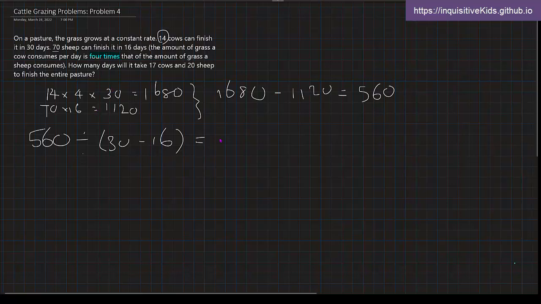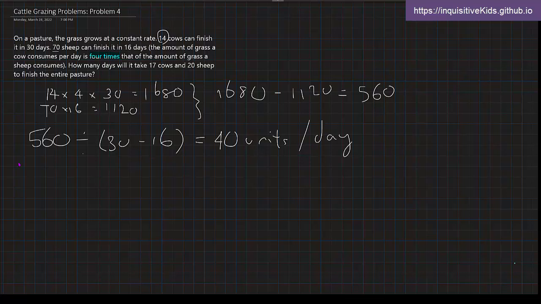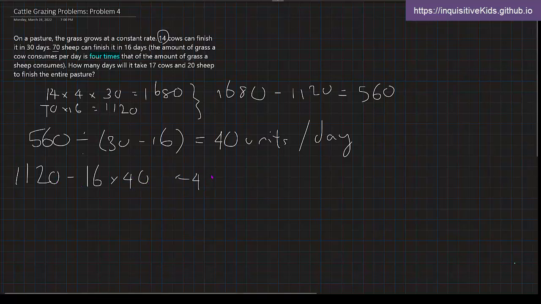And then we have 40 as our answer. So the growing amount is 40 units of grass per day, which means that the amount of old grass that there were is 16 times 40 subtracted from 1,120, and that equals 480 units of grass.